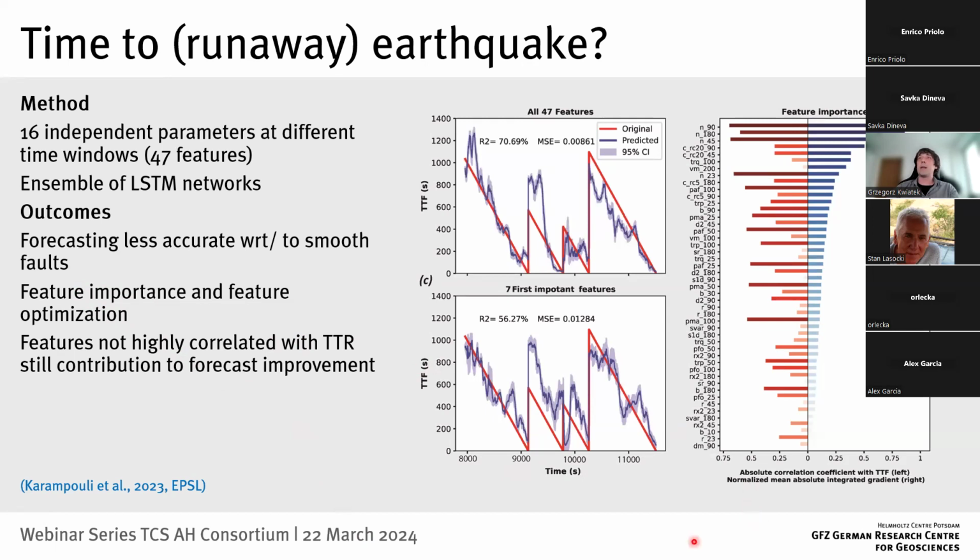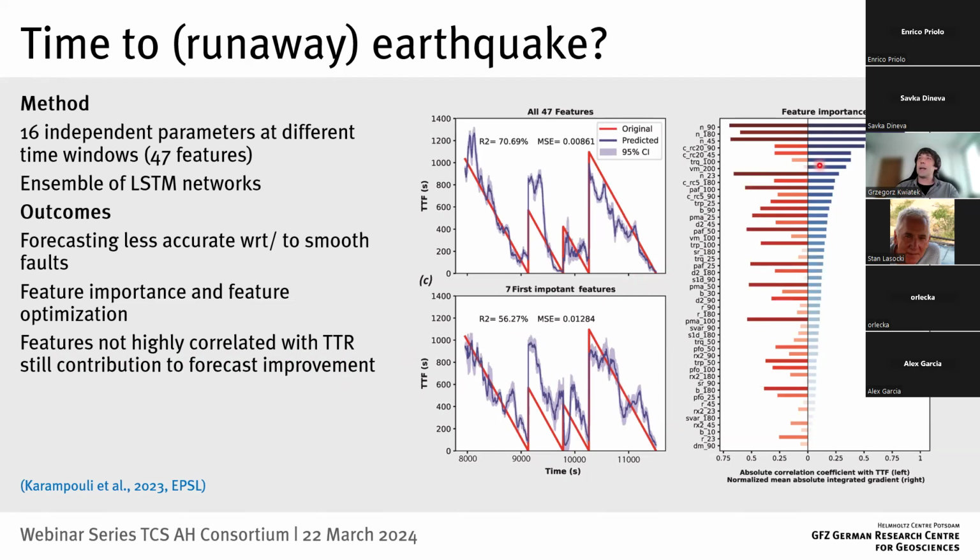So we basically could find out which features are the most important for the time to failure prediction. But we also identified that even if a feature is not highly correlated with the time to a large runaway earthquake, it may still efficiently contribute to improving the forecasting accuracy.